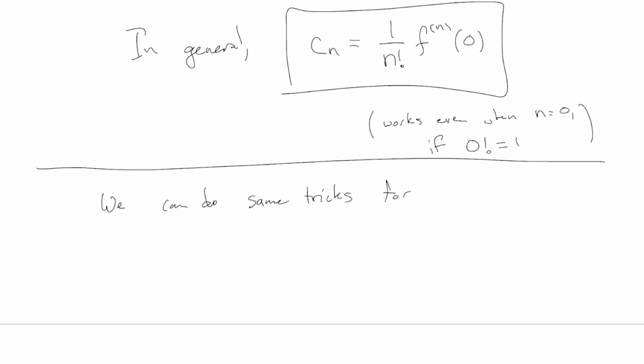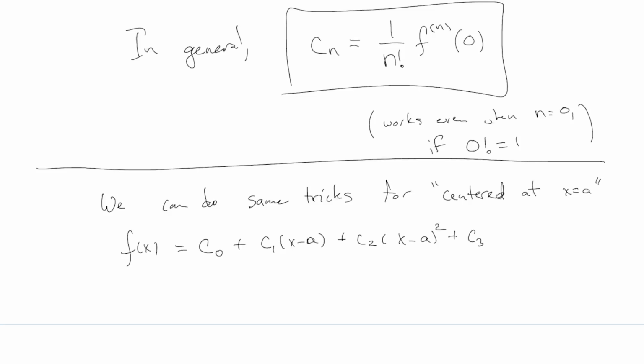For series centered at x equal a, remember that looks like a series like f of x is c0 plus c1 times (x minus a), plus c2 times (x minus a) squared. All right, this is what I mean when I say a power series centered at some other value.